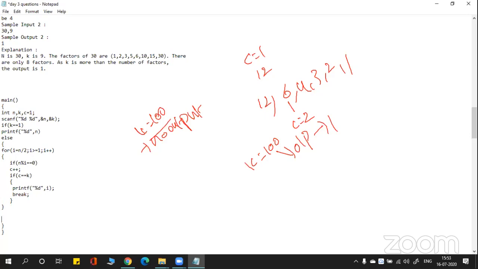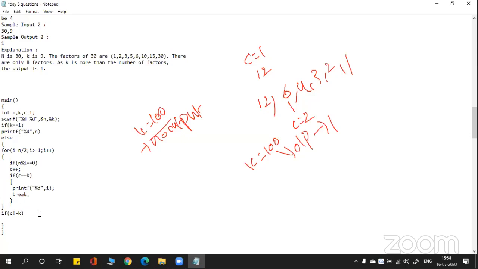So now here I'm writing if. If your count value, C, is not equal to K. For example, even after doing all these things for 12, the count value will be 6 only, but the K value is 100.